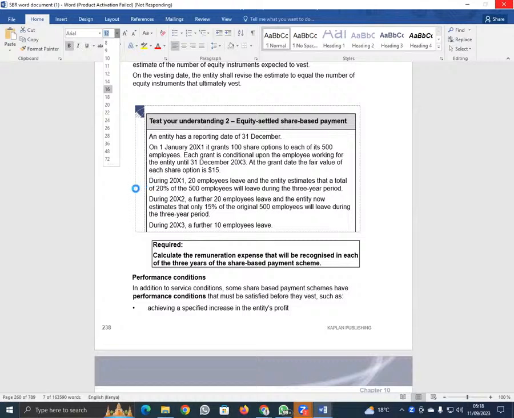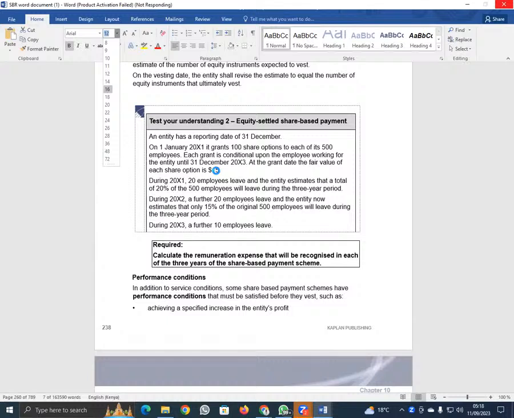Great. Test Your Understanding 2: equity settled, share-based payment. You're told there, an entity has a reporting date of 31st December.